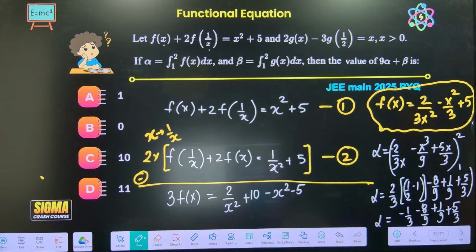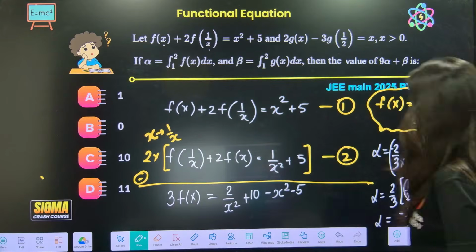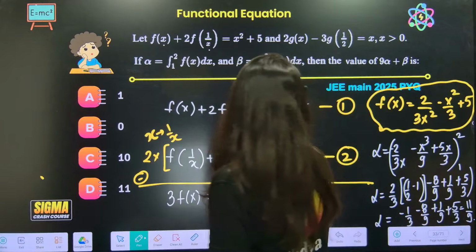So 4 by 3, 5 minus 1, 4 by 3. So this is going to give you 11 by 9. Anyway, alpha is coming out as 11 by 9. You do the calculation. Okay, so alpha is 11 by 9.